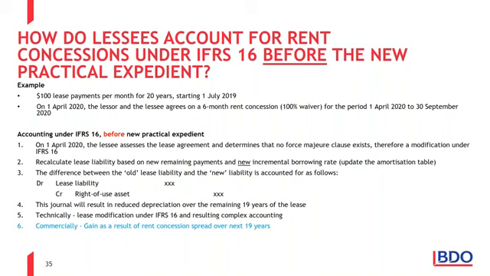The second thing is they will then have to recalculate the lease liability on the new remaining payments, and those remaining payments will now be less because for 6 months it will be zero. They'll have to recalculate that lease liability using a new incremental borrowing rate.